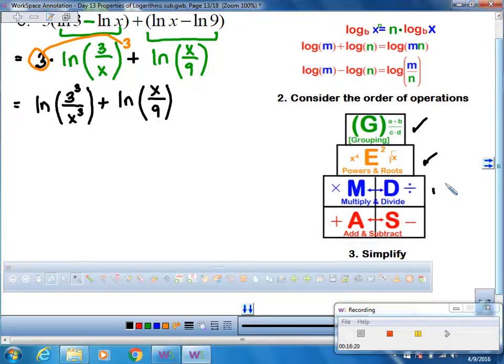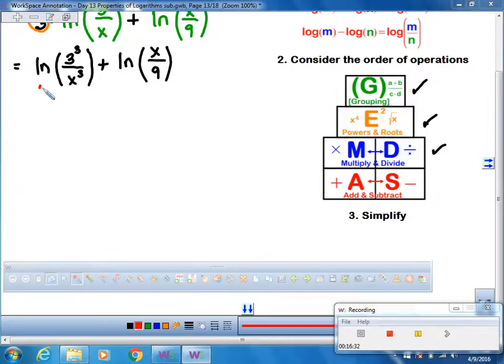Multiplication and division, adding and subtracting. Let's use that product property. So I'm going to take these 2 natural logs and turn them into one single natural log.